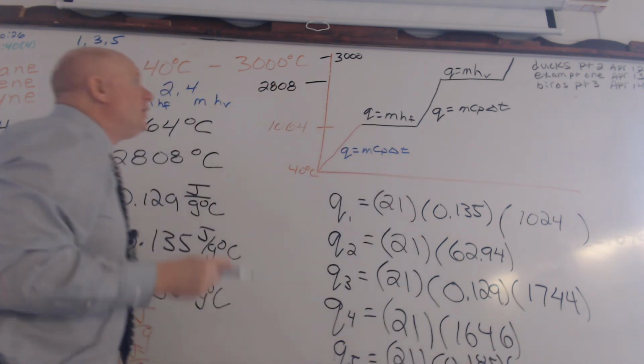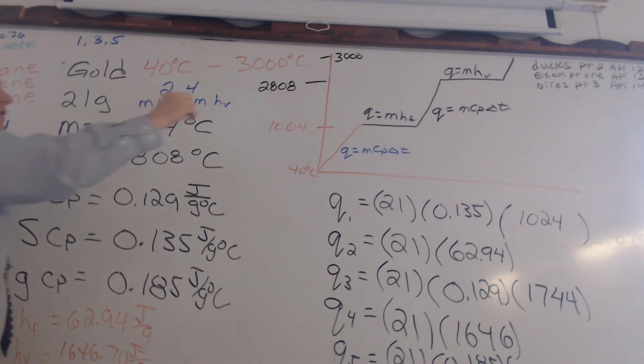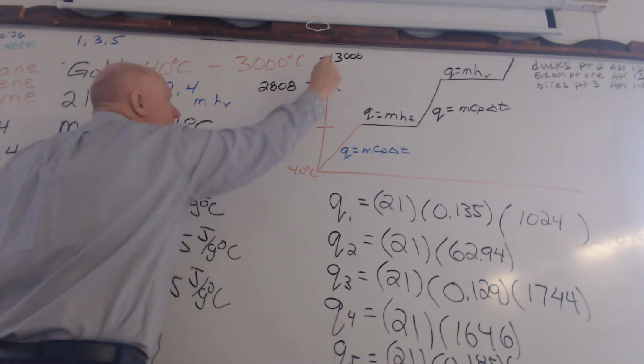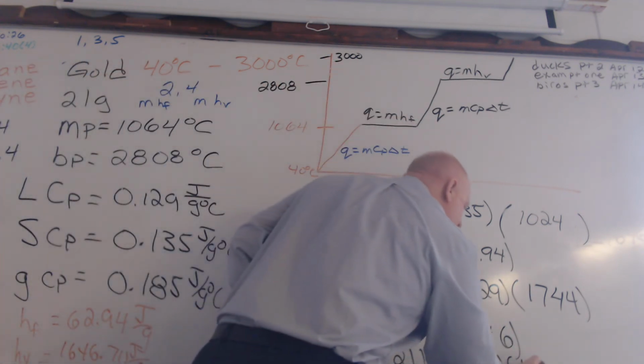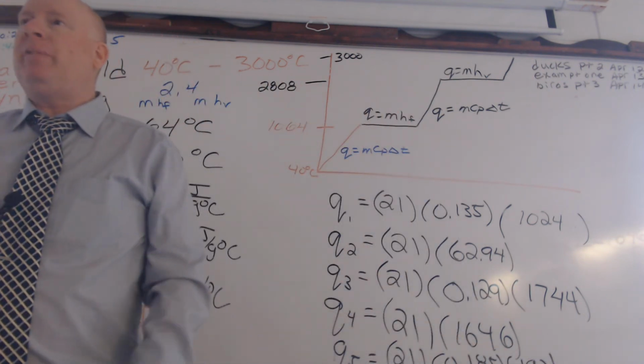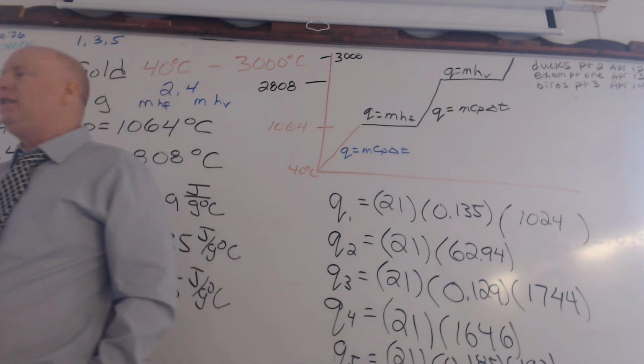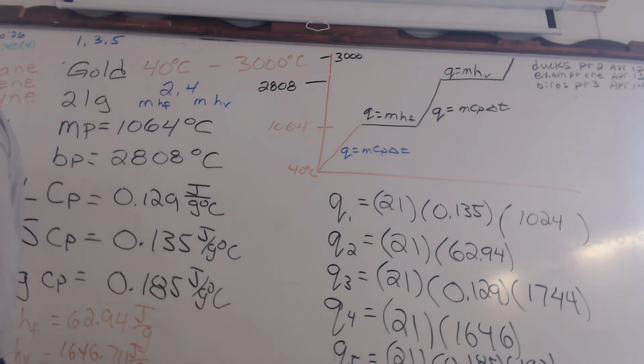And then what is our temperature range? 192, maybe? Is anyone confused where 192 comes from? Again, that's subtracting that number from that one. So 192. And yes, you're going to get really, really big numbers, but you got to remember, you are vaporizing gold. It's going to take a lot of energy to do that.